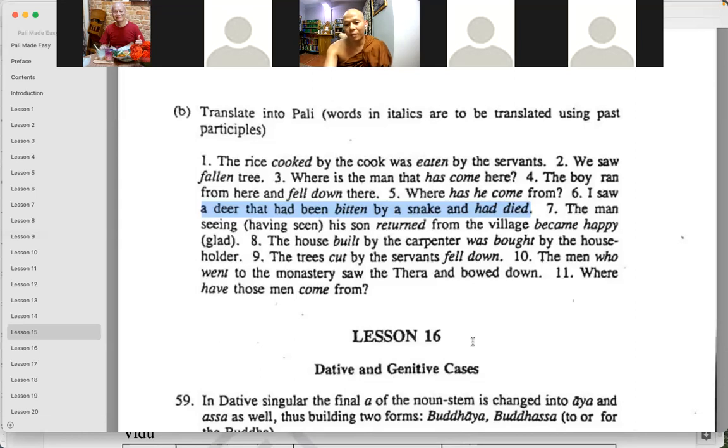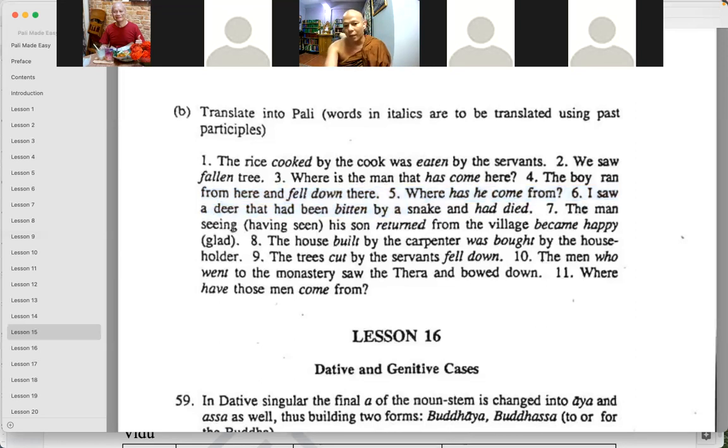So actually, a snake is the object of the killing, not the object of the seeing. So that is with the accusative case. But in this sentence, a deer that had been bitten by a snake and had died is the object of the saw.